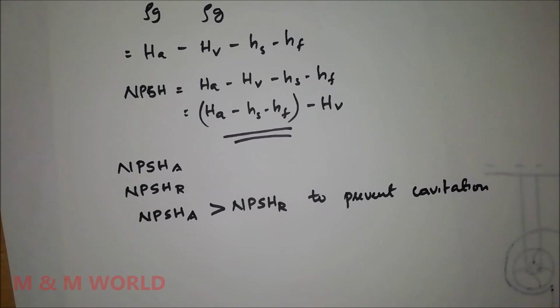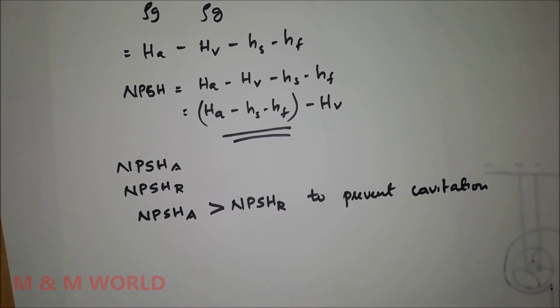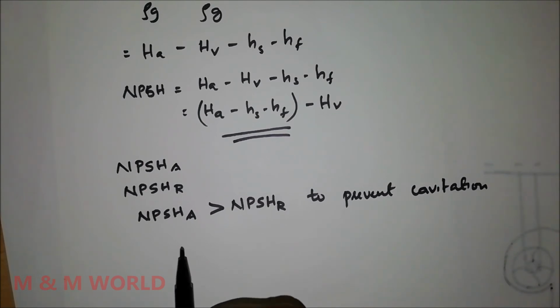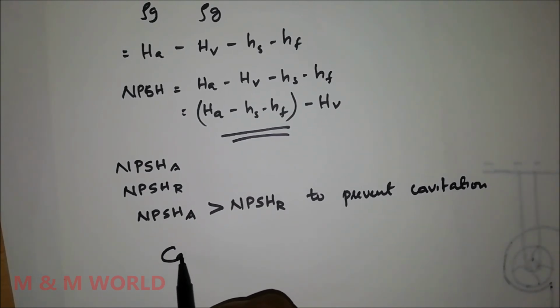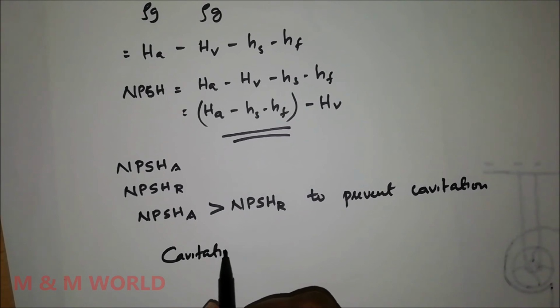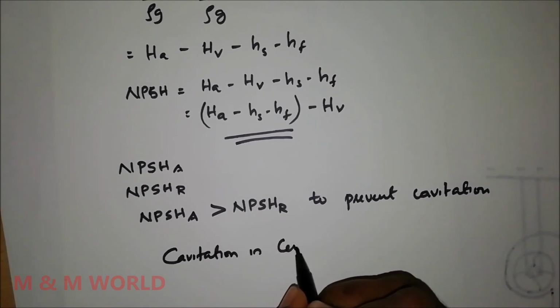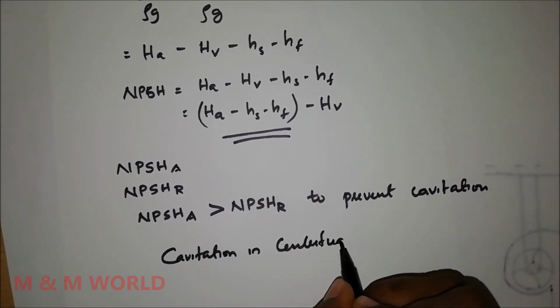Now, cavitation in centrifugal pump. Thoma's cavitation factor is used to indicate whether cavitation will occur in the pump.